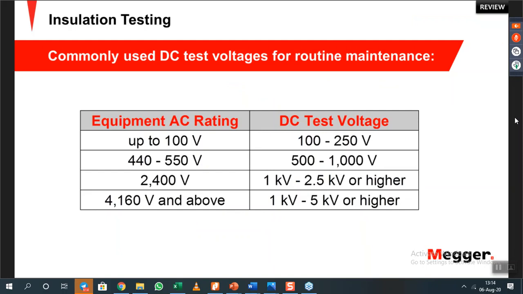And these are some recommended test voltages per equipment rating. So in this table here, you can see up to 100 volts, then... With that recommendation, you will hear some sounds from that insulation if you injected more test voltage.